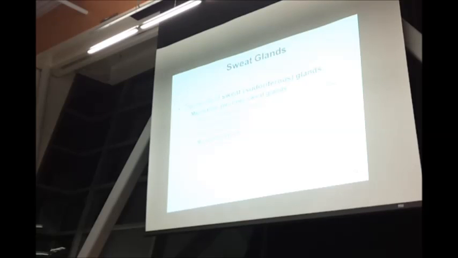Since it is a smell, our apocrine sweat glands, including all the sweat glands that you find in the armpit, can function like a perfume, and it is a smell that oftentimes is used to attract the opposite sex.